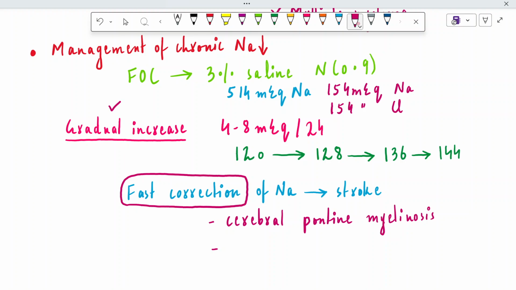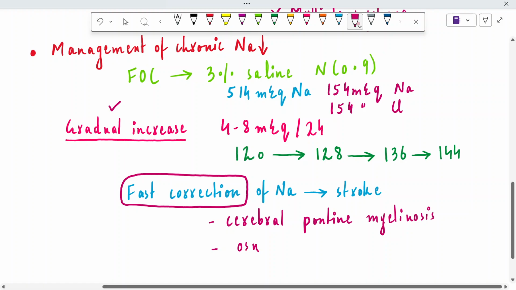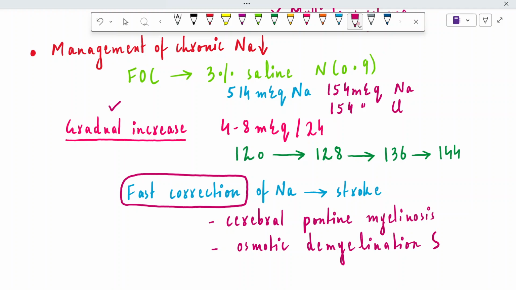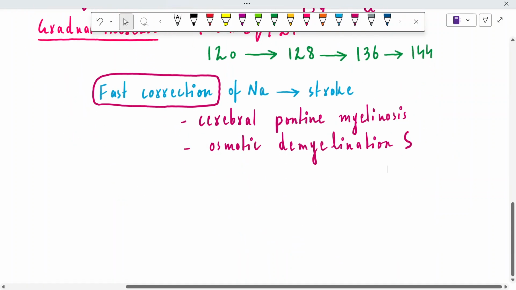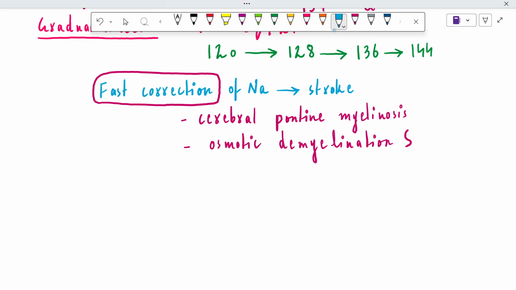Nowadays cerebral pontine myelinosis has another name, the osmotic demyelination syndrome. Osmotic demyelination syndrome, because there will be demyelination of corticospinal tracts. What are the manifestations of cerebral pontine myelinosis or osmotic demyelination syndrome?